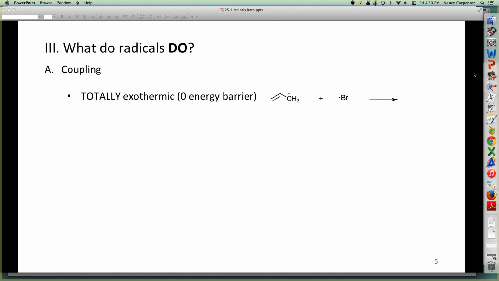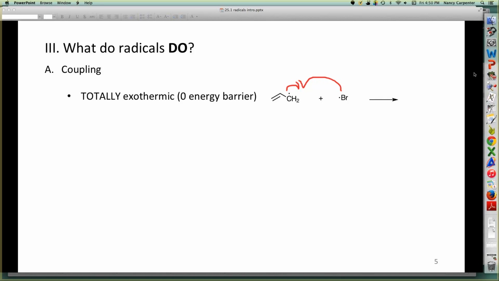So for example, if I have the allyl radical and it's floating around in a beaker of other things that include a bromine radical, then it's going to be very easy for those two to find each other and make a new bond.